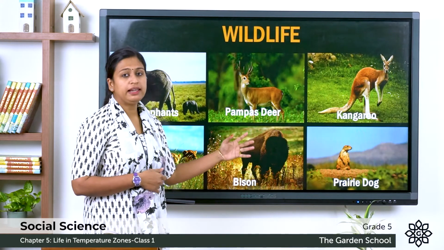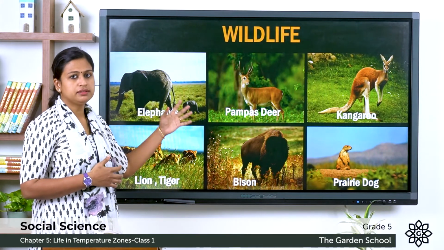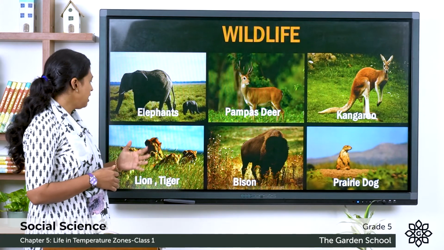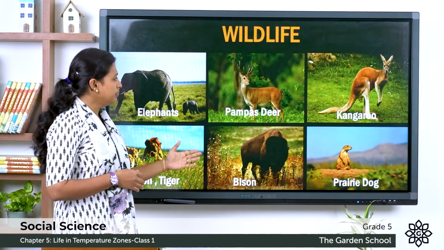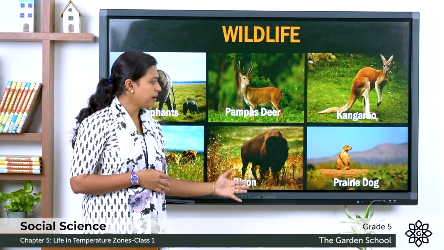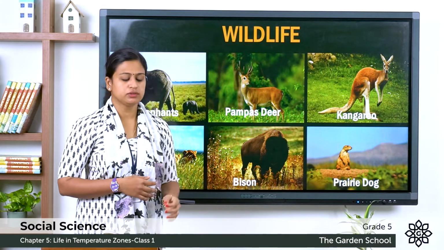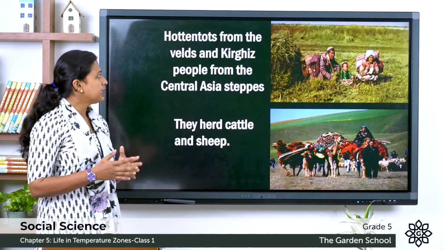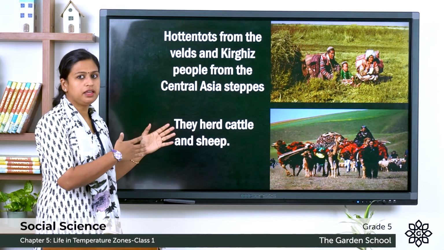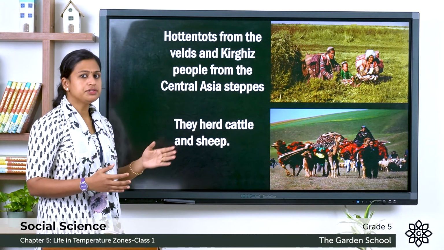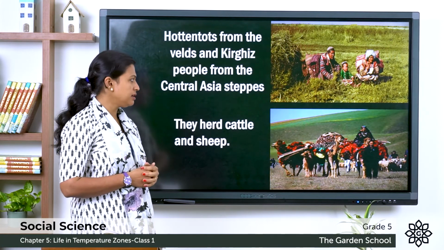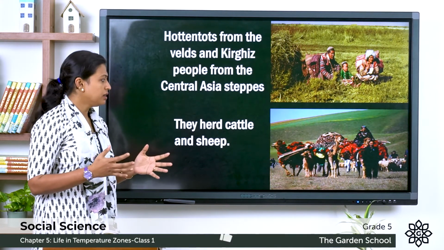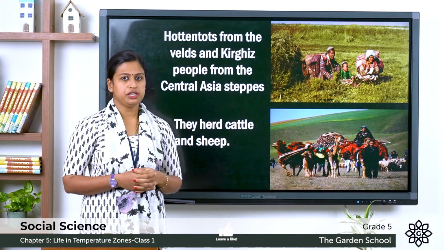These are a few wild animals found in temperate grassland. These are elephants, lion, tiger, pampas deer, kangaroo, bisons, prairie dogs and so on. The Hottentots from the veld and Kyrgyz people from Central Asia steppes are the tribal people living in this area. Usually they herd cattle and sheep.